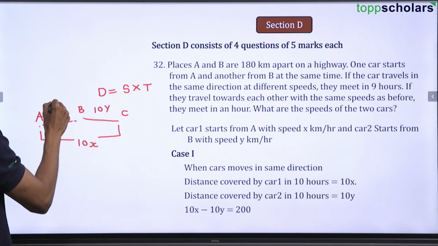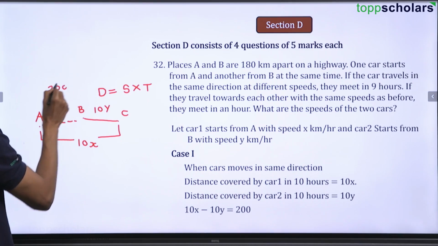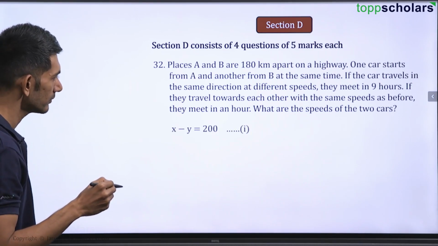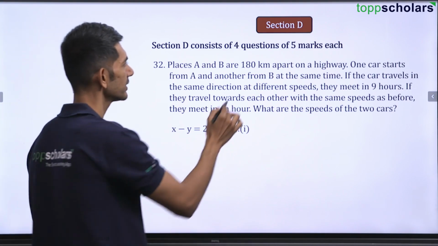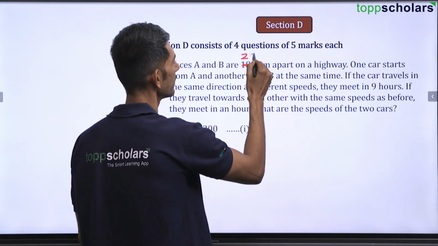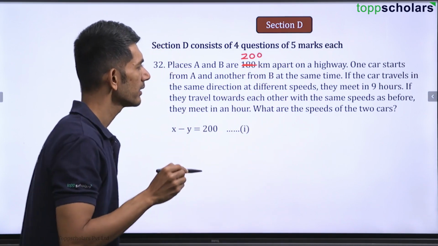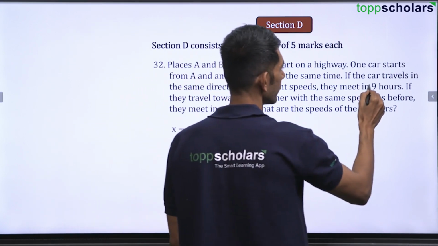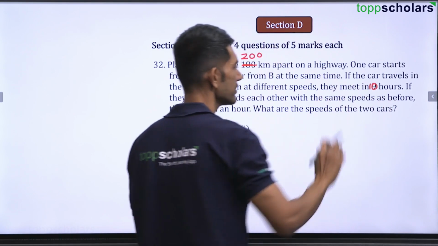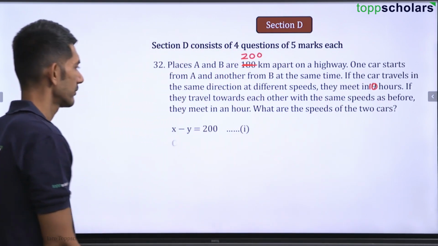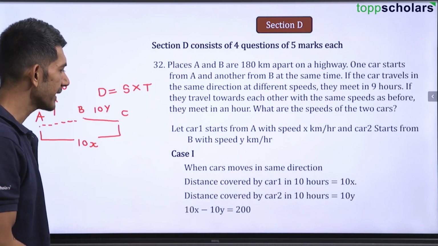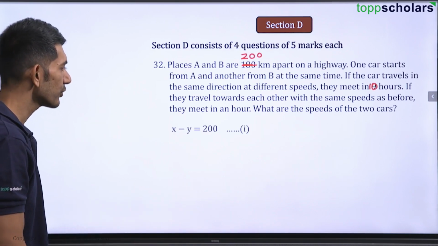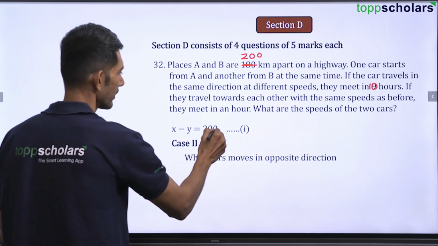That is 200. Let me change the values here. There is a slight mistake. This is 200, right? And this is 10. Please make this change. Okay. So further, if I divide by 10, I am going to get x minus y is equal to 20, right?